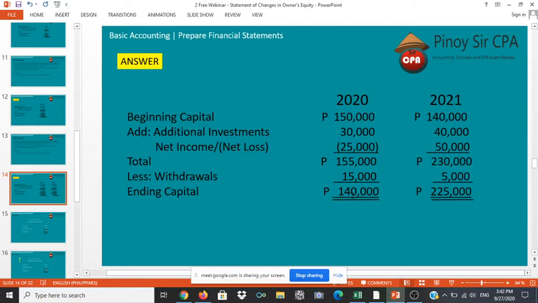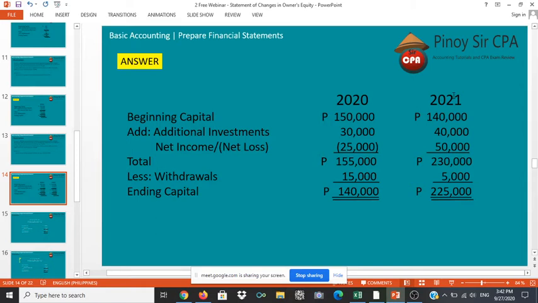Yung ending capital ng previous year, yun yung magiging beginning capital ng next year. So this applies also to other permanent accounts, other than the ending capital or equity account title. Tulad ng cash. Kung ano ending niya last year, yun din ang beginning niya next year.